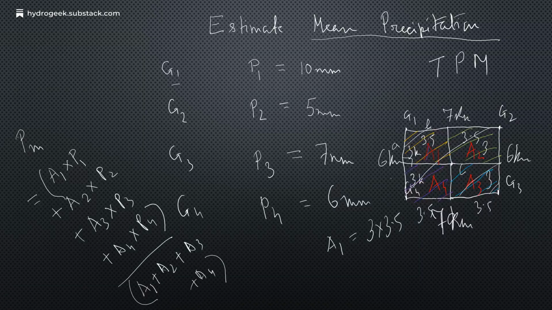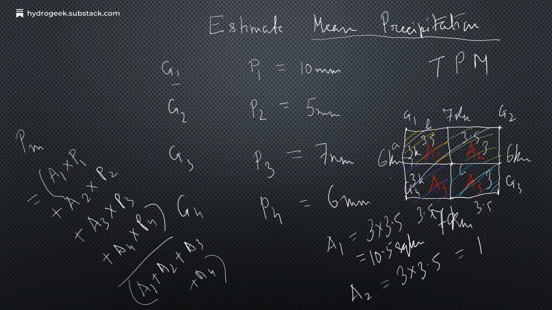So 3 multiplied by 3.5. So it is 10.5 square km. Similarly for A2, it will be 3 into 3.5.